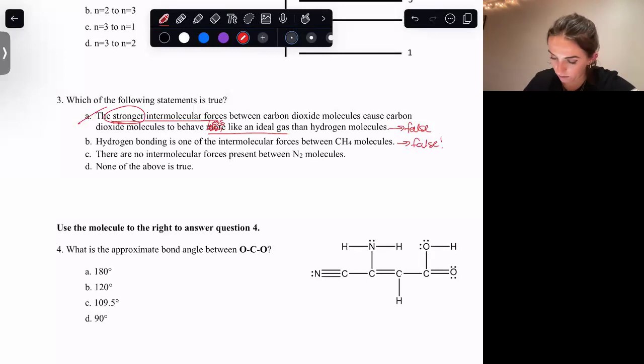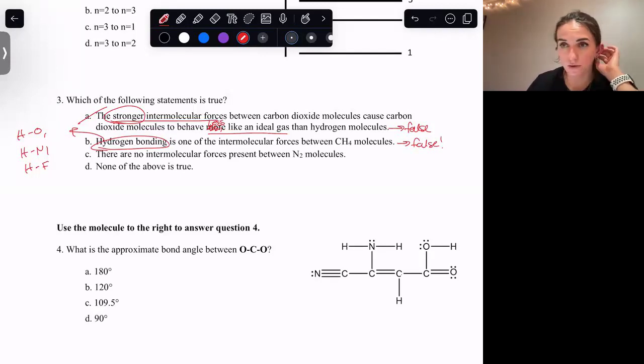Hydrogen bonding has to be between H and O, H and N, or H and F. So this one is not it. London dispersion forces are the intermolecular forces between CH4 molecules. That's the only one. This is a non-polar compound, so LDFs, or dispersion forces, are the only intermolecular forces for CH4. So this is false.